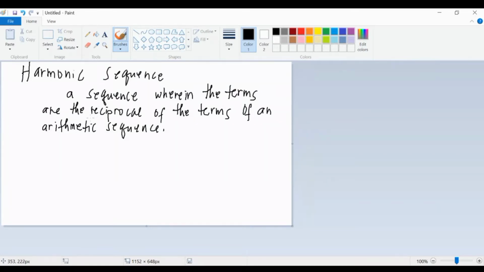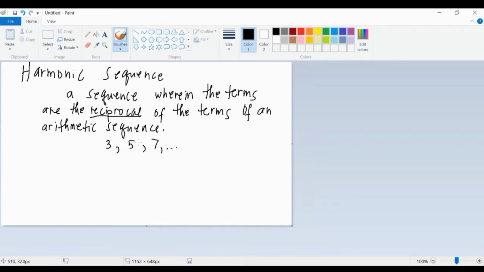So when we say reciprocal, it is the opposite of the arithmetic sequence. So let's say we have 3, 5, okay, so we have 3, 5, and then 7.